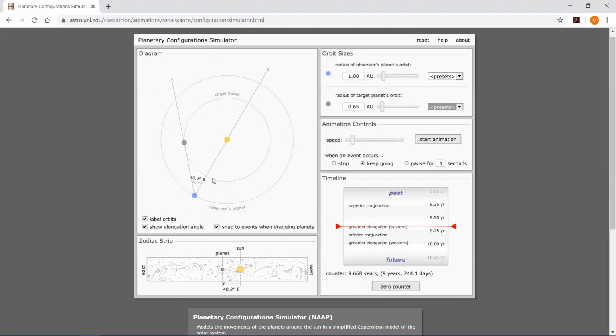There we go. Okay, so I'm going to call this value the maximum elongation of this planet. Elongation is the angle between the line to the planet and the line to the sun. And notice that as I've frozen it right here, the line of sight from planet Earth to the planet that you're looking at is tangent to the circle of the planet's orbit.